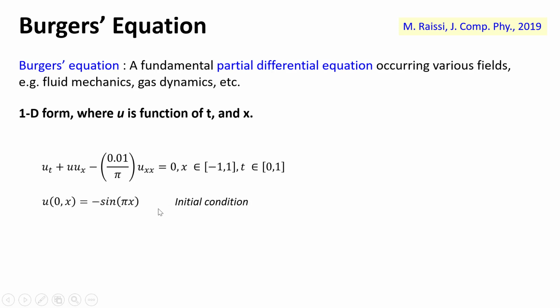The initial condition is u of 0, x equal to minus sine pi x, and the boundary condition is that for any t between 0 and 1, at x equal to -1 and x equal to 1, the value of u of t, x is 0.